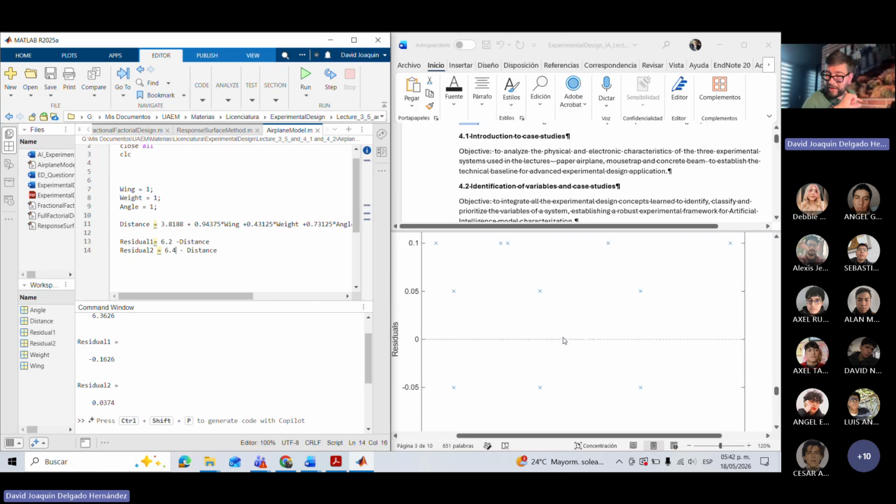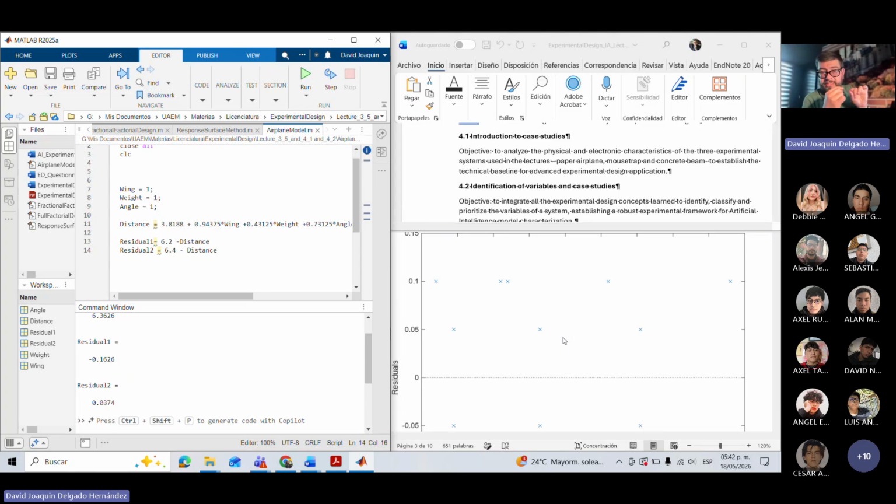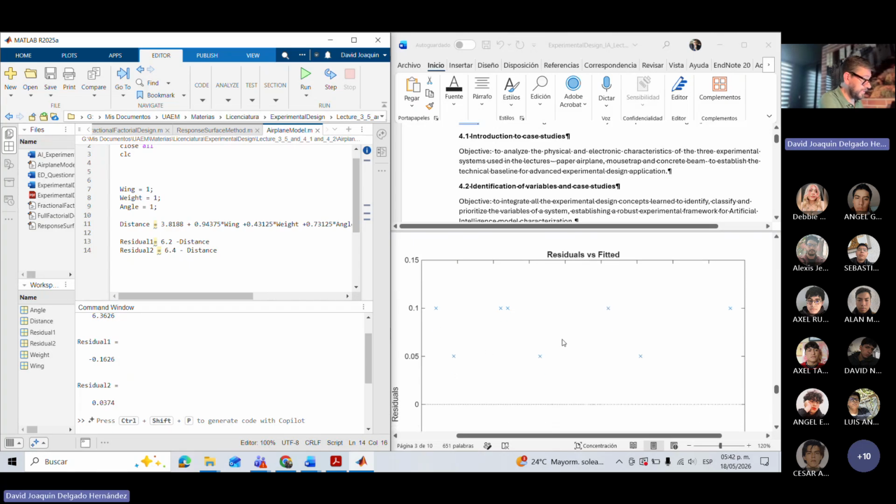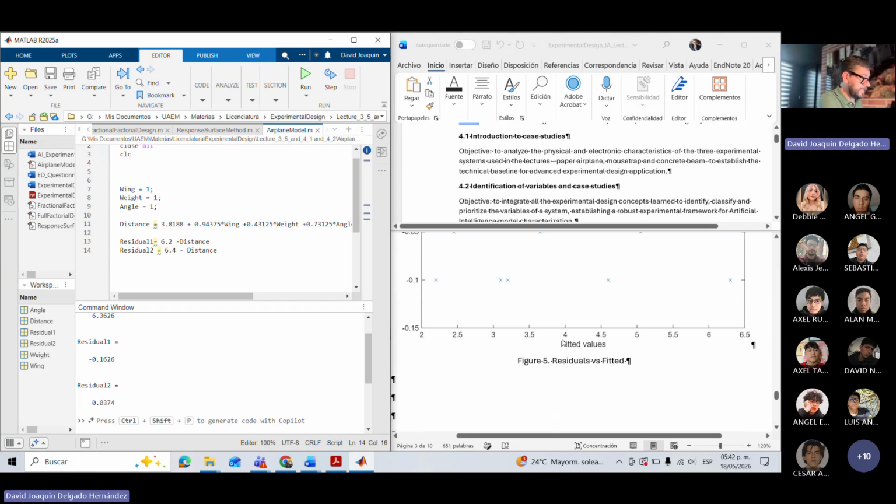But if you identify a pattern in these points, that means that the model is not good, because it is always giving you the same exact result. Okay, that is the interpretation of these residuals versus fitted. Okay, and that's it.